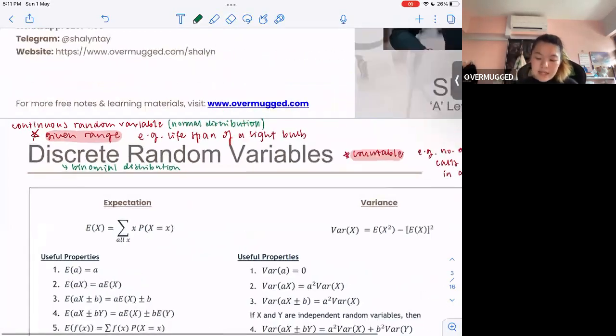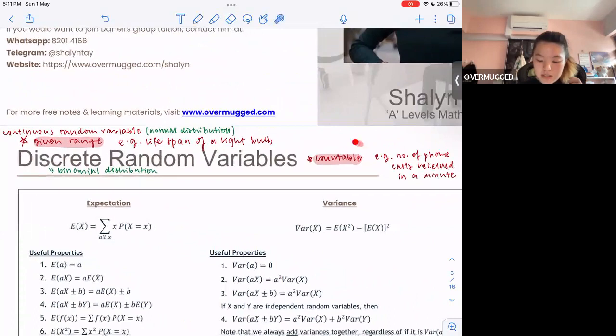So use this as a guide, right? The countable versus given range, right? Use this as a guide to help you understand exactly in the question, are they talking about a binomial distribution or a normal distribution, right?